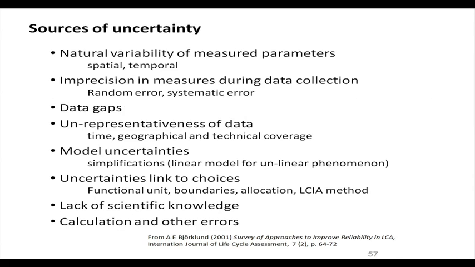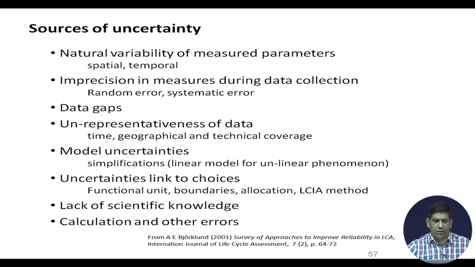So if you think about it, we have so far looked at how to interpret the LCI information and LCIA information. We talked about the steps that go into LCIA. In terms of interpretation, we also talked about how things are interrelated. So many times when you interpret the information, you will decide that okay, I'm not meeting my goal, so I may have to refine the goal and change the goal.